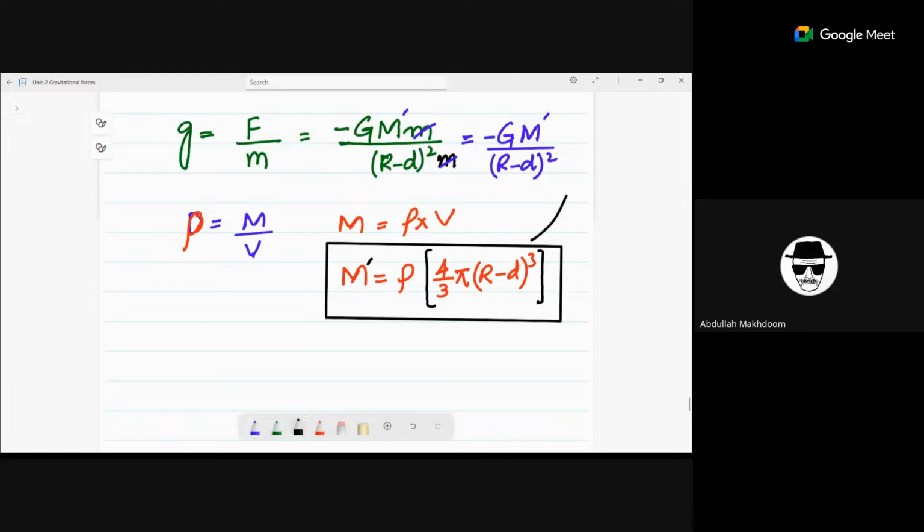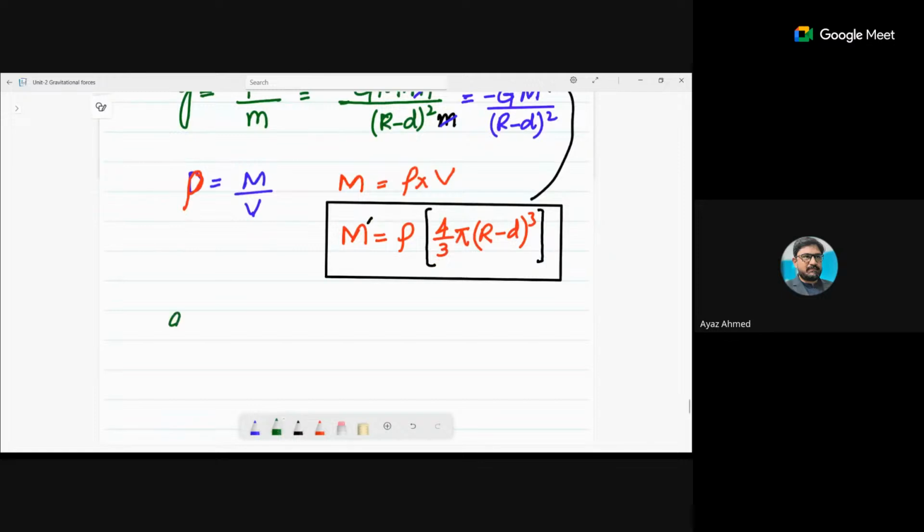When I replace this entire value for mass, my new value of g is equal to minus G rho into 4 pi divided by 3 into, I have just put all the constants outside, ठीक है ना?